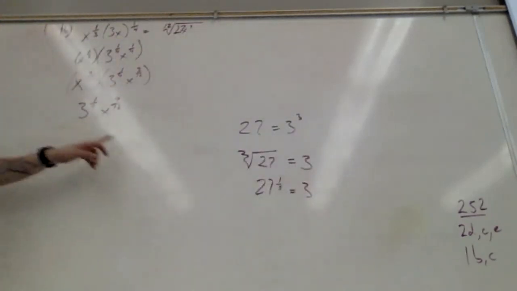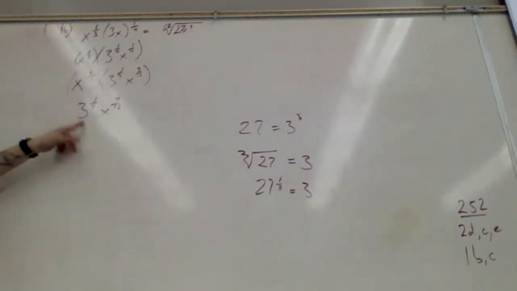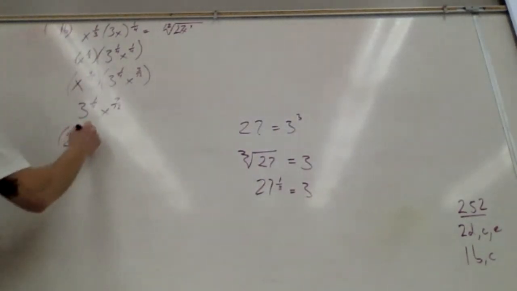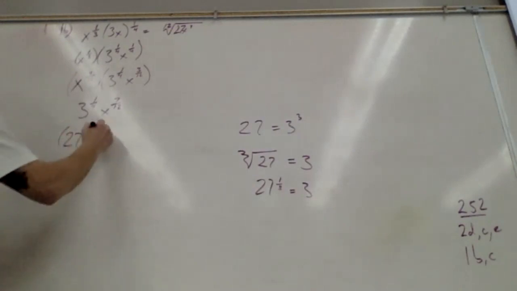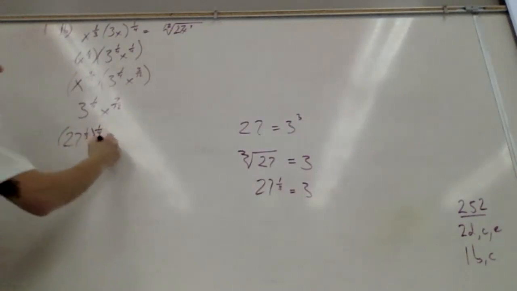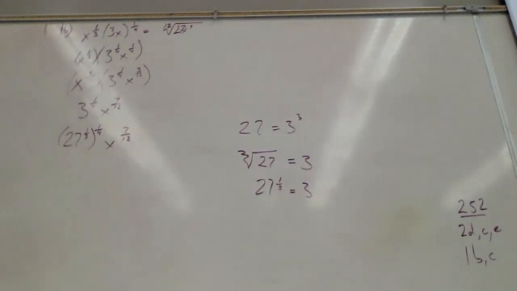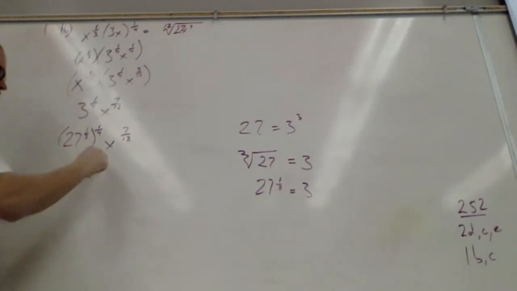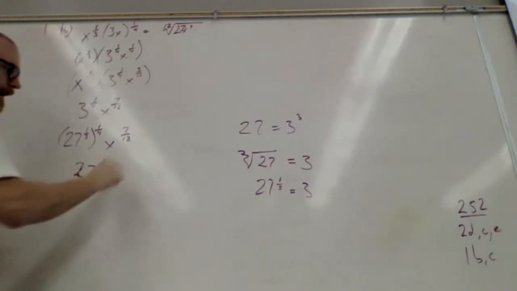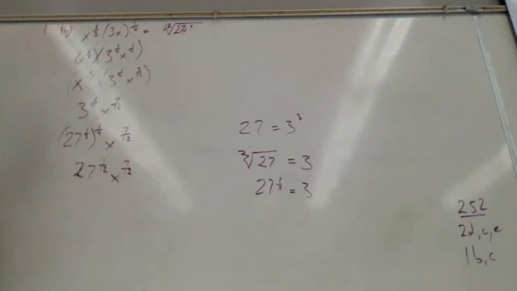So I am going to substitute 27 to the third in for the 3 here. So it's 27 to the third, to the power 4, x to the 7 over 12. So that'll become 27 to the 12th, 27 to the 1/12, x to the 7/12.